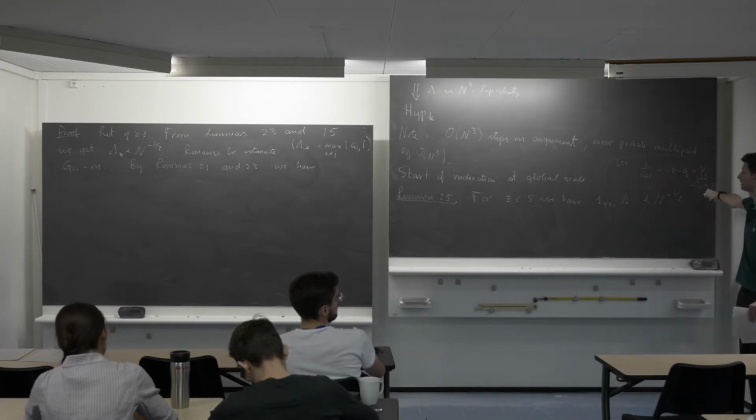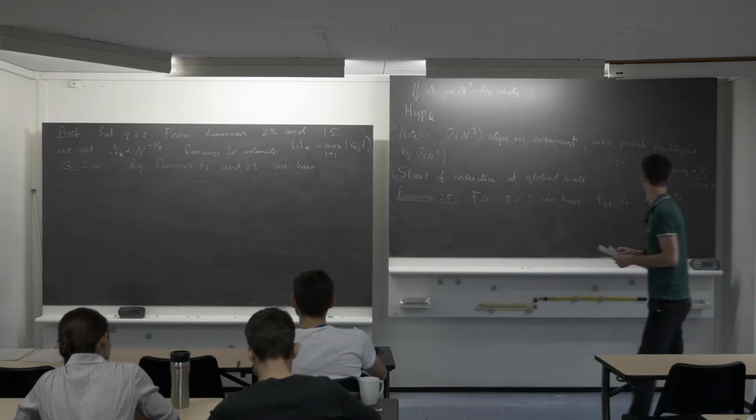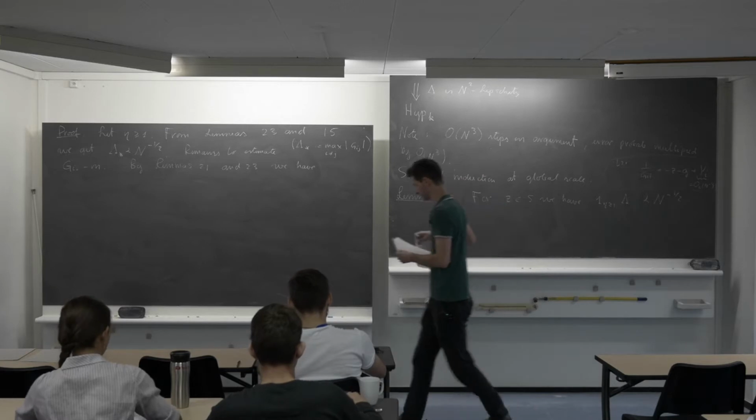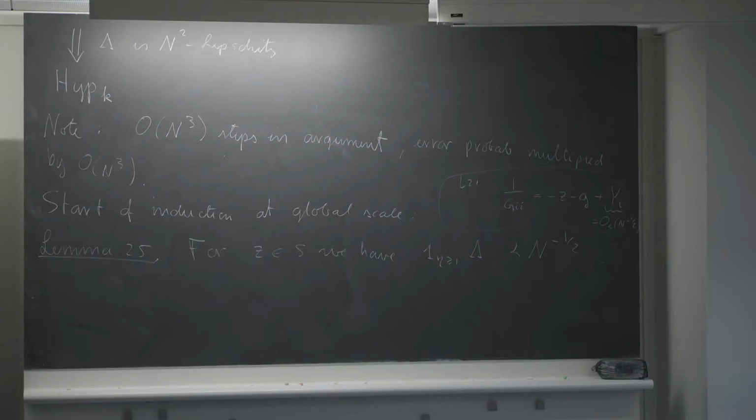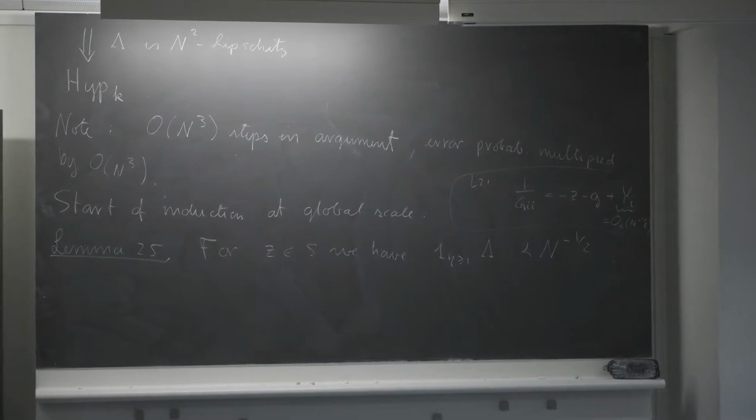We know that y_i, when eta is at least 1, is of order n to the minus 1/2. Now if I just multiply both sides by G_ii, using the fact that G_ii is bounded by 1, I will get the following thing.